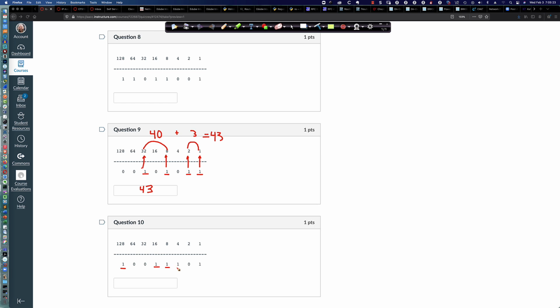Last question, number 10, identify the binary bit positions that are on. Get the corresponding decimal values that correspond to those binary bit positions in the octet, and then simply add the numbers together. So here, we'll do it a different way over here. So let's say 16 plus 8 we know is 24, plus 4 would be 28, plus 1, right, would be 29.